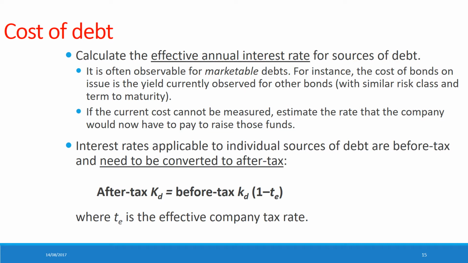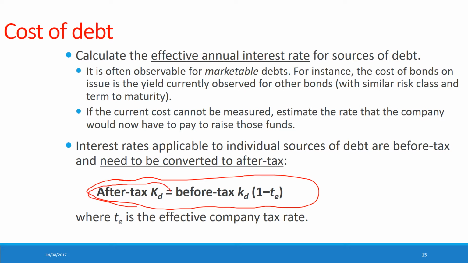Besides the effective cost of debt, with debt financing we also have to adjust for taxes, because interest expenses on debt are tax deductible. Therefore the after-tax cost of debt will be different from the before-tax cost of debt. The after-tax cost of debt should be lower than the before-tax cost of debt because it has a tax shield.